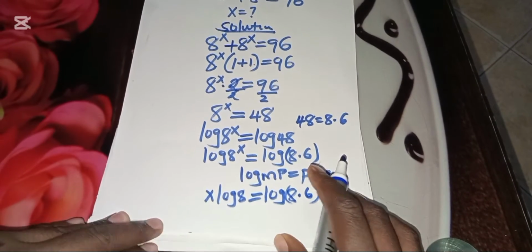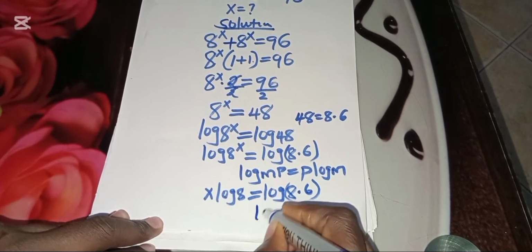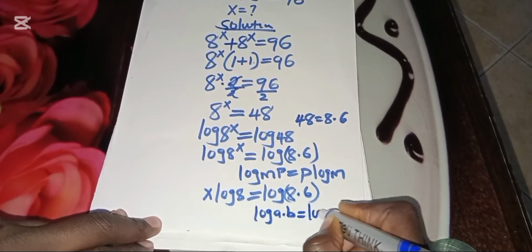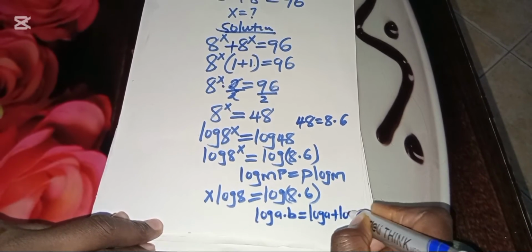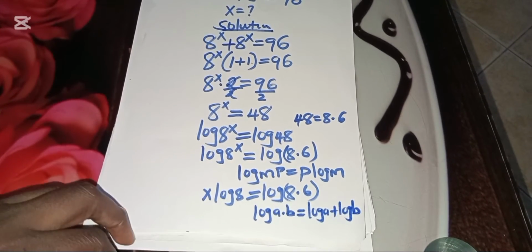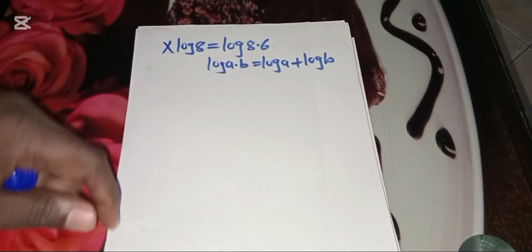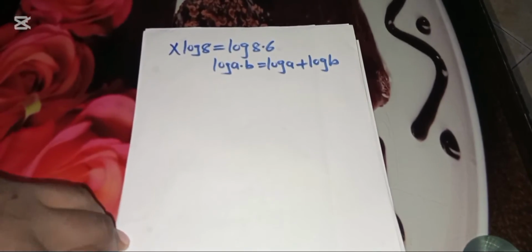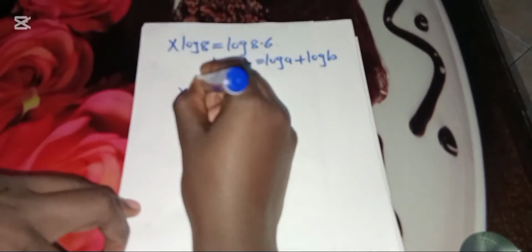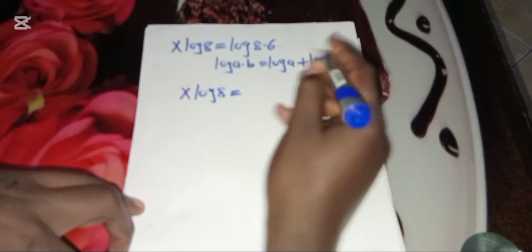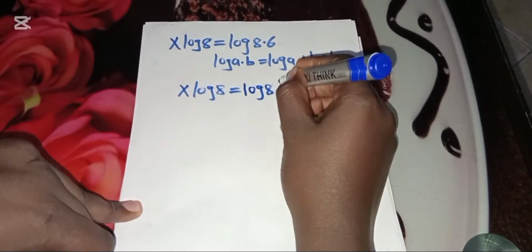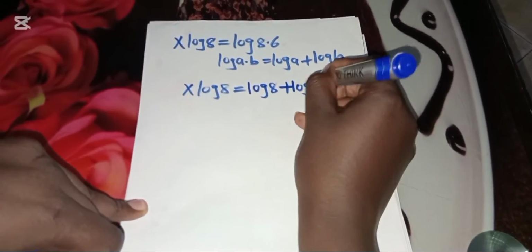Now, applying the logarithm identity, if you have log of a multiplied by b, we can express this as log a plus log b. So you're going to have x log 8 equal to log 8 plus log 6.